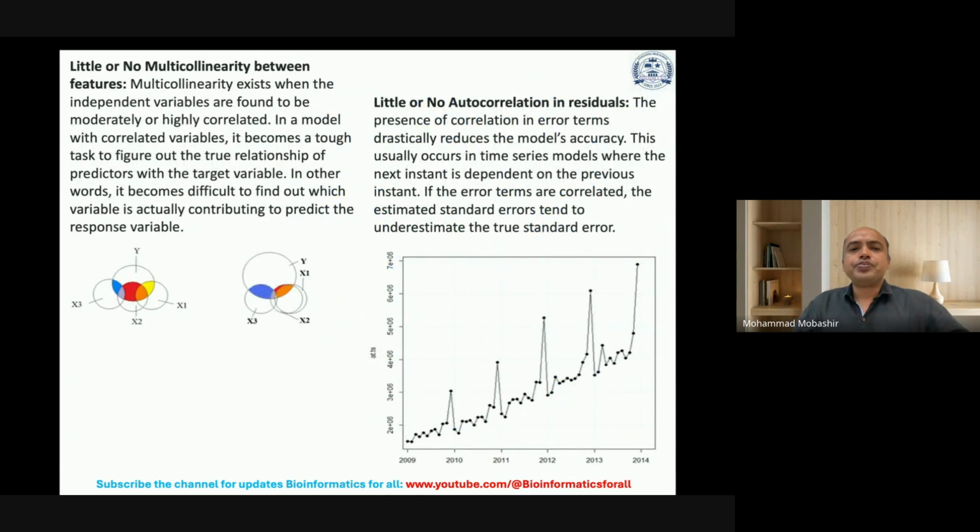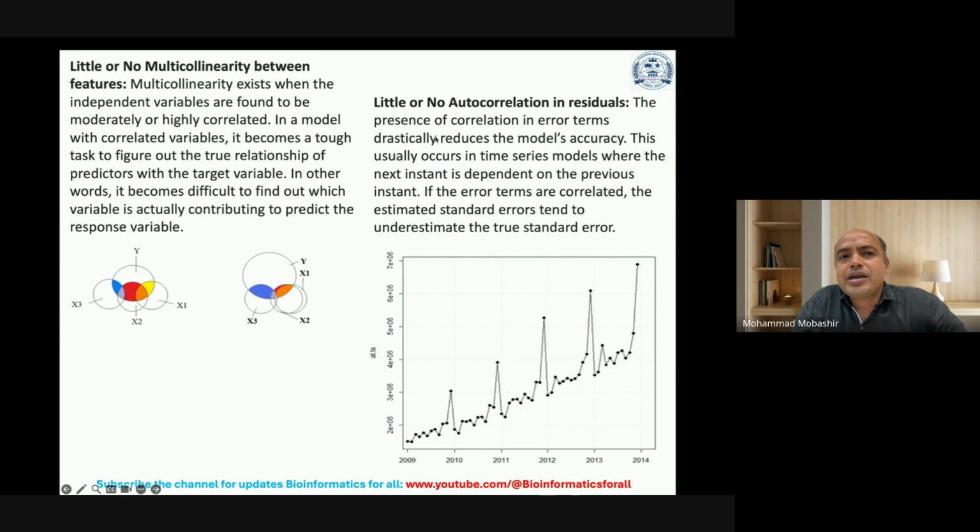So now, when we are saying little or no multicollinearity between features, and one is saying little or no autocorrelation in residuals, it all depends on the data plotting and then the goal of the data.